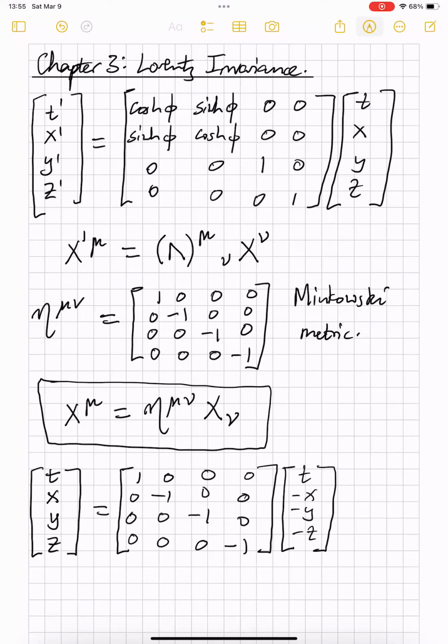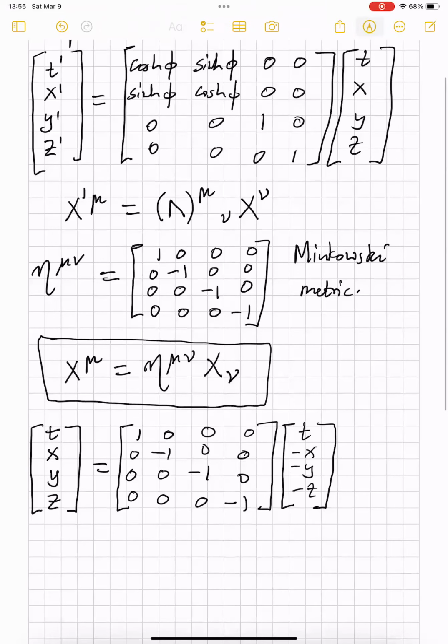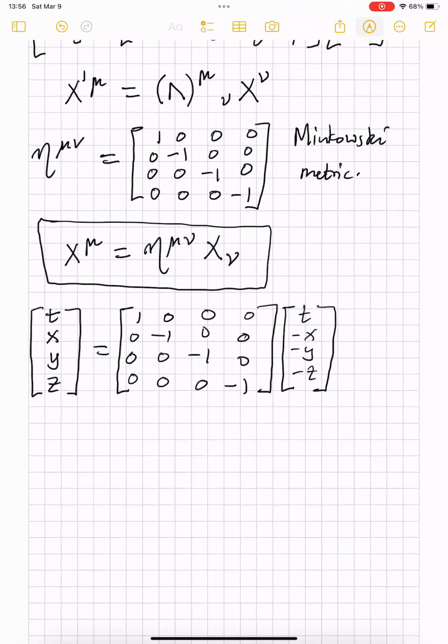And I just want to mess around with it a little bit to understand the translation between the boxed equation and a matrix equation. If I look at a specific component, let's say x from the left-hand side, x would be equal to 0 multiplied by t, plus minus 1 multiplied by minus x, plus 0 multiplied by minus y, and finally 0 multiplied by minus z.